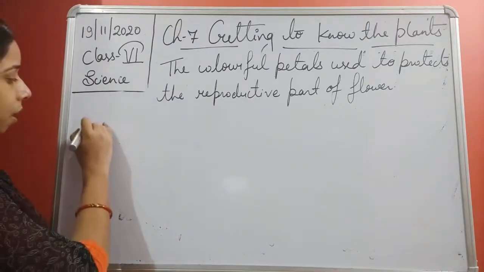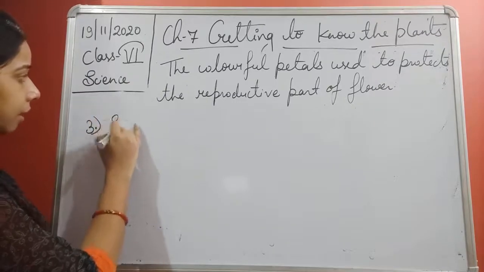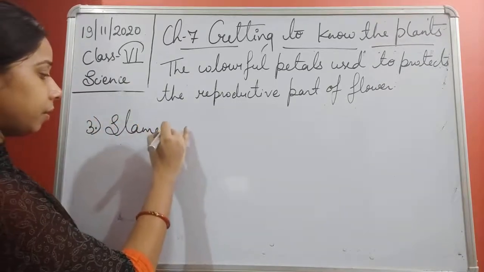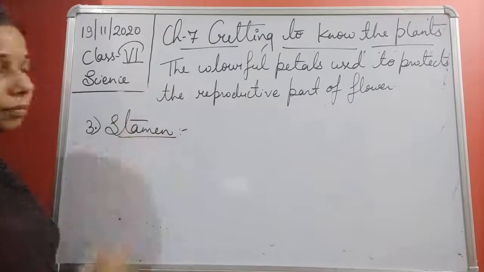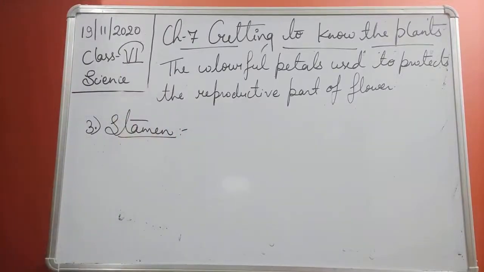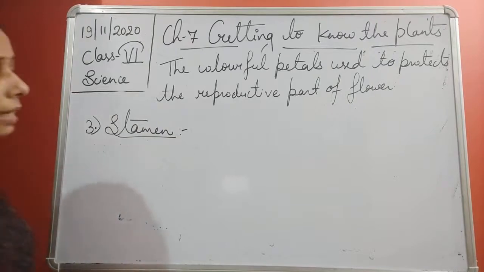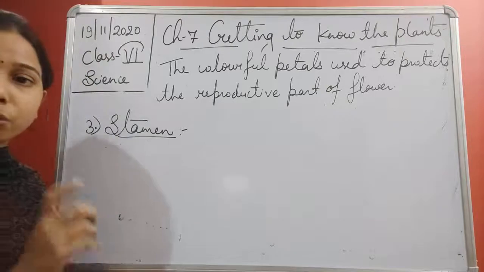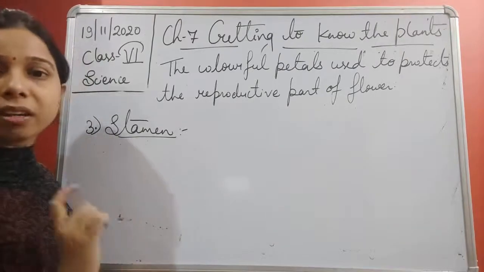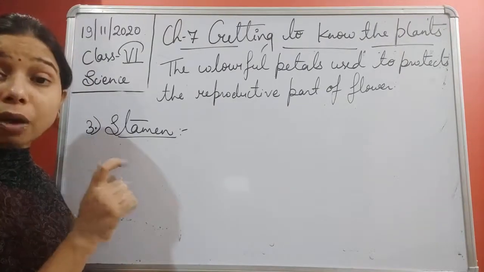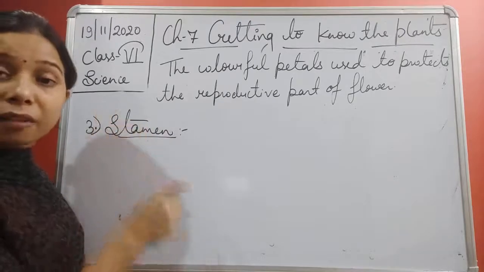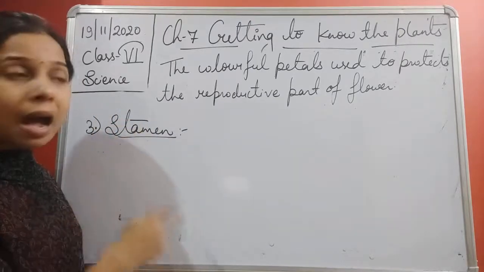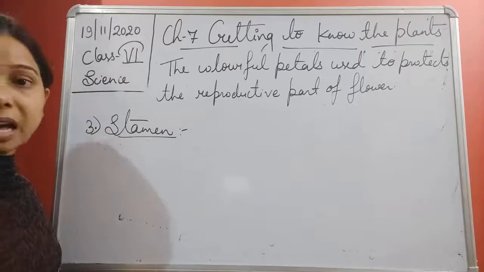So the next one, the third one, is the stamen. Okay, just inside the flower petals, students, you will find several stalk-like structures, each having a head or a top, and that is known as the stamen.